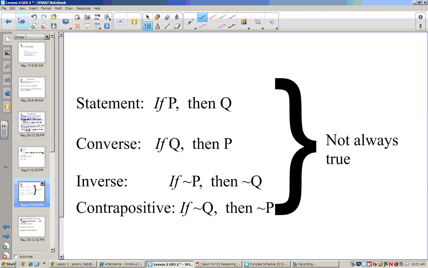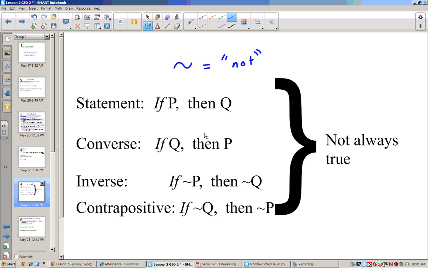I can write all of those things, the conditional statement, the converse, the inverse, and the contrapositive, by saying if P then Q, or the converse would be if Q then P. The inverse, if not P, so this little squiggly here means not. So if not P, then not Q. And the contrapositive says if not Q, then not P.